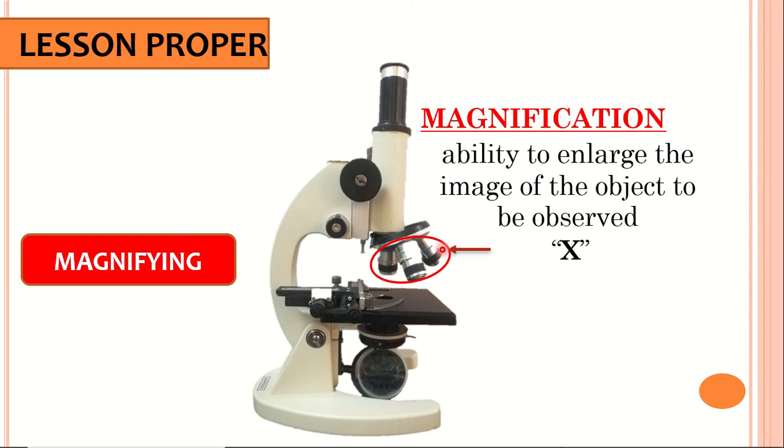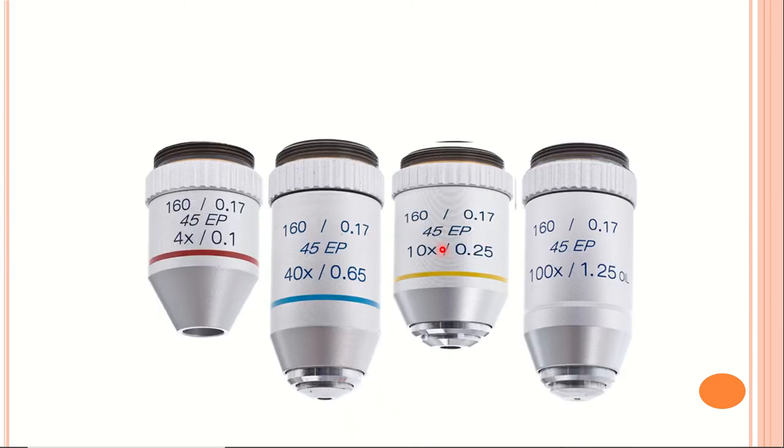It has a symbol of capital X, which means how many times the object is enlarged. Objectives have four types. They differ in size, color, and magnification.